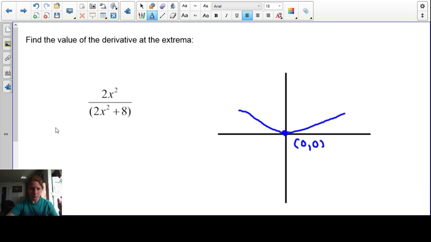So what we're going to do with this next one is we're going to find the value of the extrema based on this function at the point 0, 0. So we're going to figure out what that slope is. And we're going to care about this in like 3 more sections.